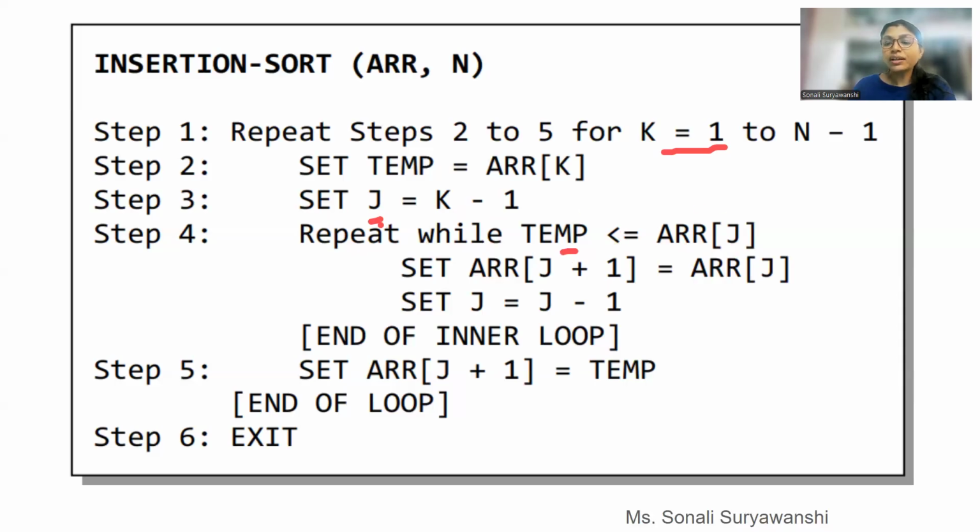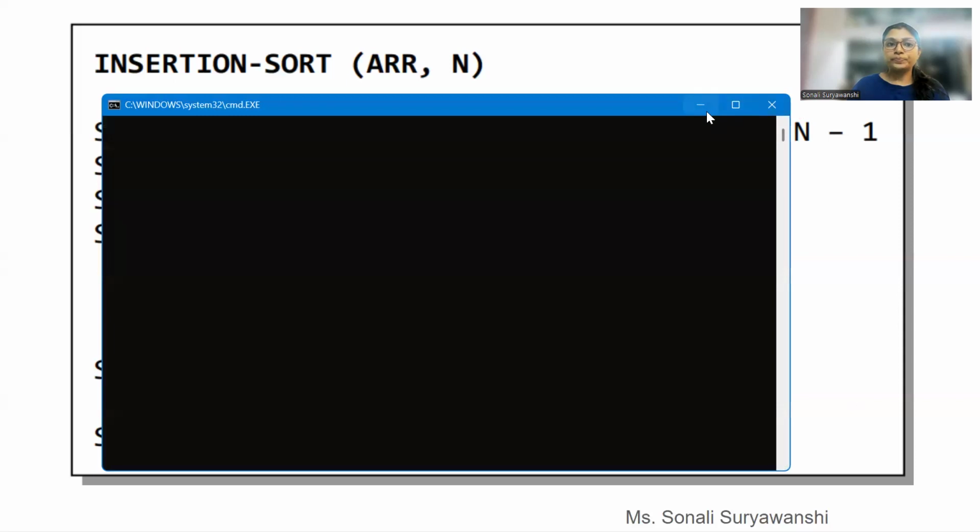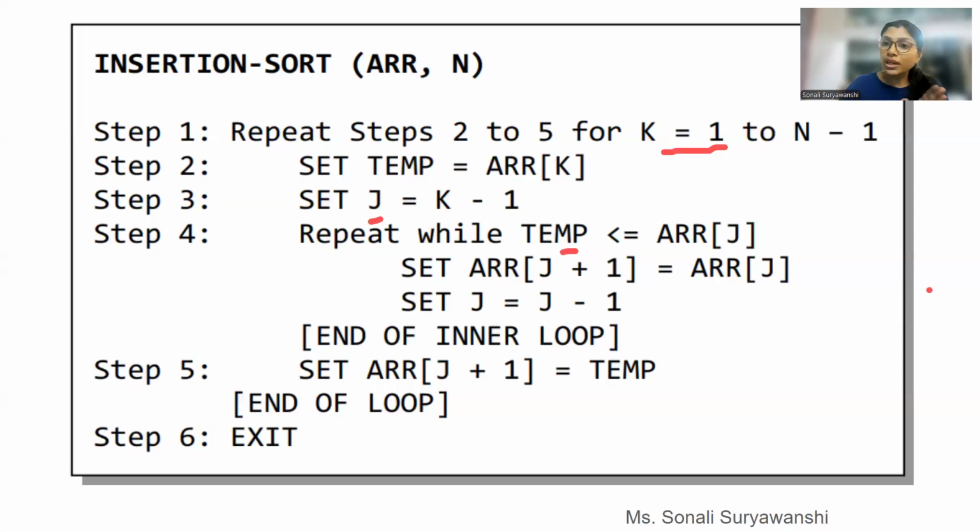As I mentioned, j is a pointer that lies before the k pointer. So we have to keep decrementing the j pointer. Basically in an array, j goes to the left side, whereas k goes to the right side.